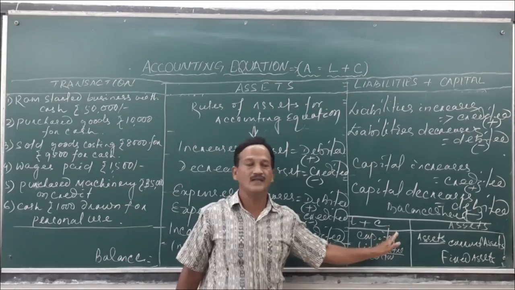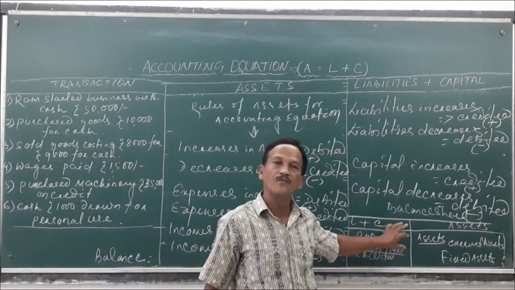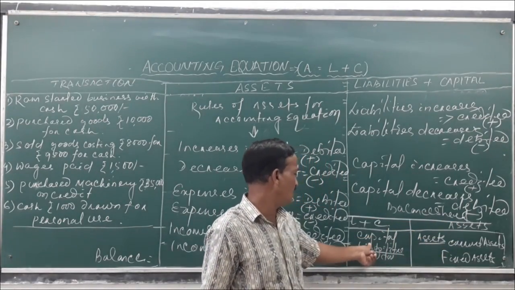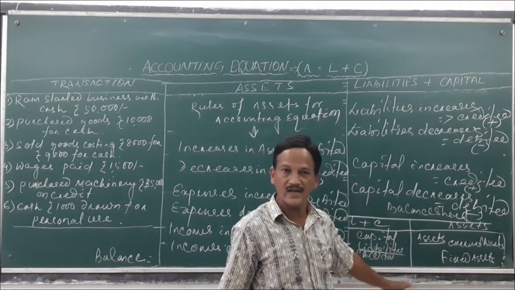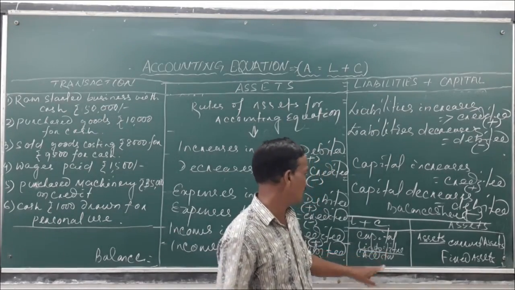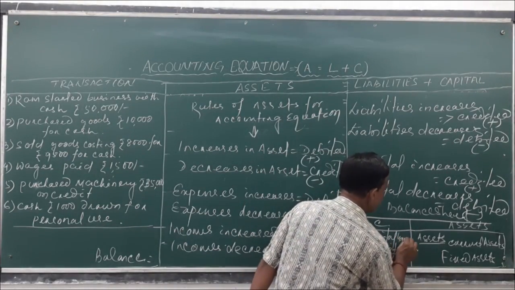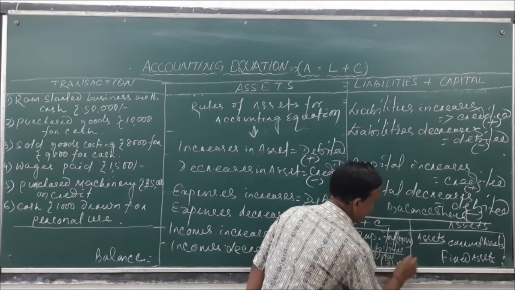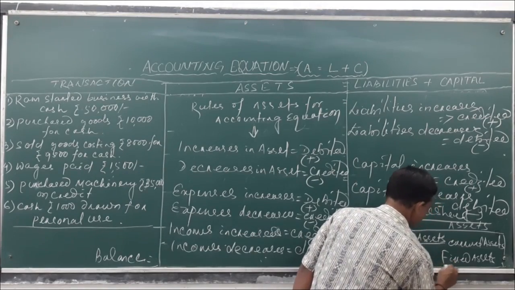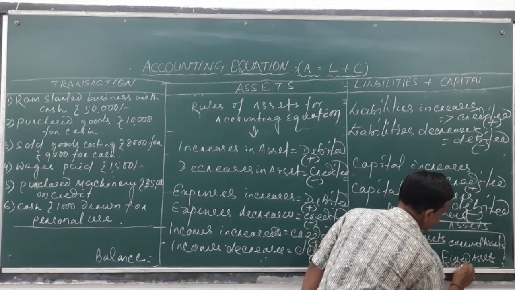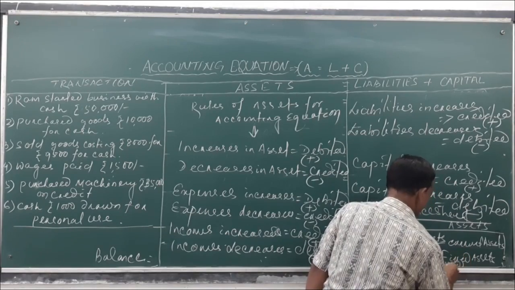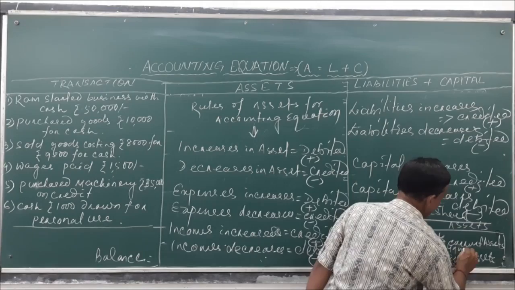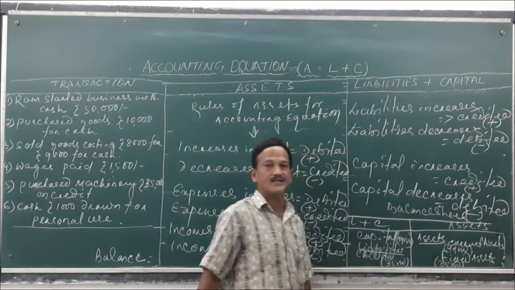So this accounting equation shows that liabilities plus capital equals the assets. Capital is 49,000, the last balance is shown. That is 49,000. That is creditors 35,000. Machinery, that is 35,000. Goods plus cash, that is 49,000, is the current assets shown.